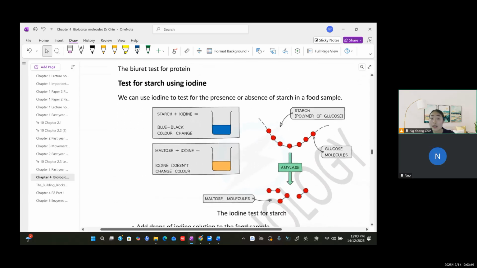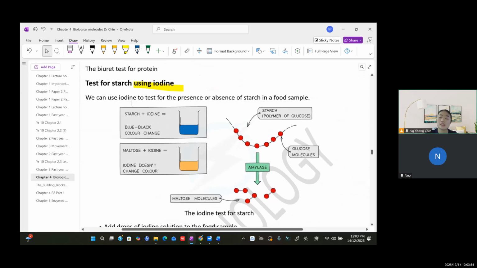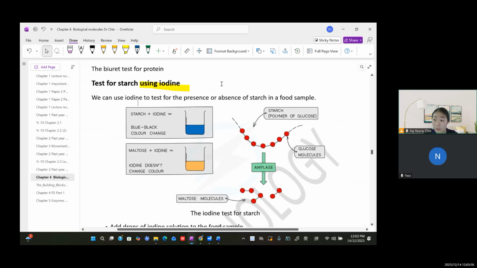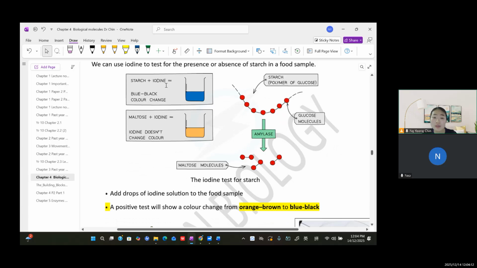Now we talk about iodine. This is the most commonly asked question in the exam, so just remember iodine. The initial color is brown, and it only changes to dark blue if starch is present. Initially the starch is present, but after the starch is broken down by amylase, it becomes maltose, which is a disaccharide.